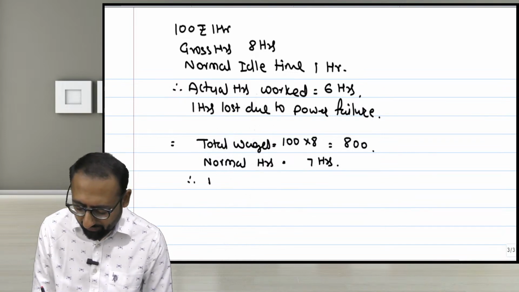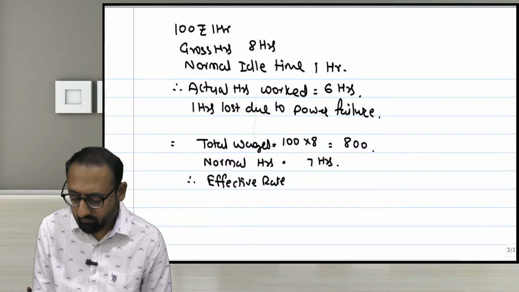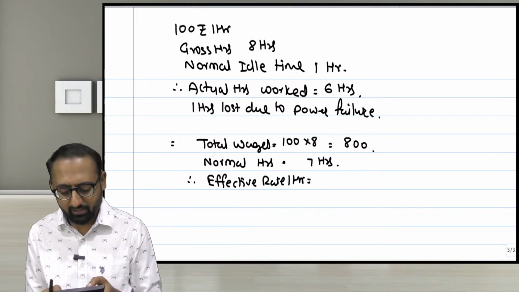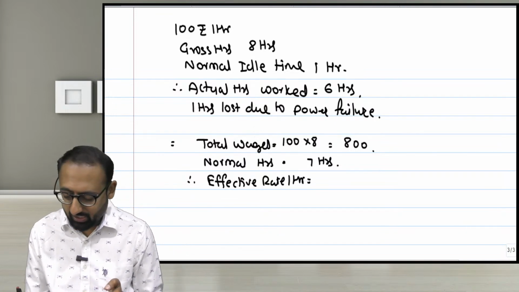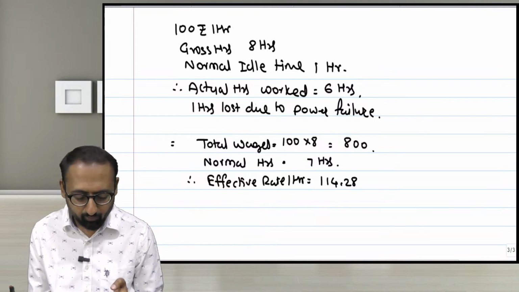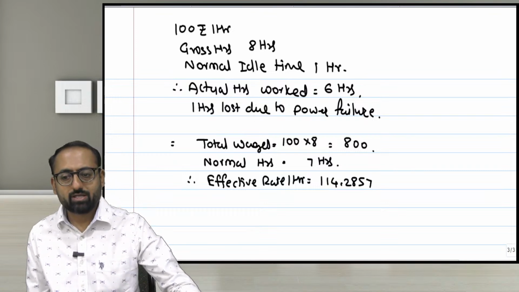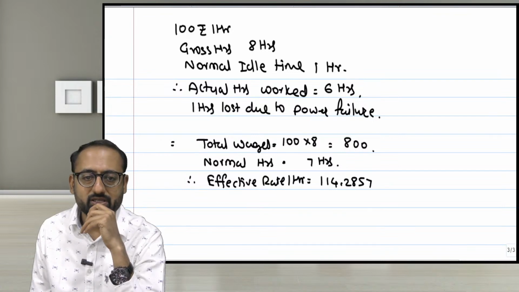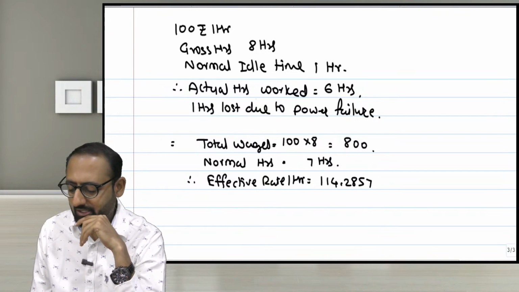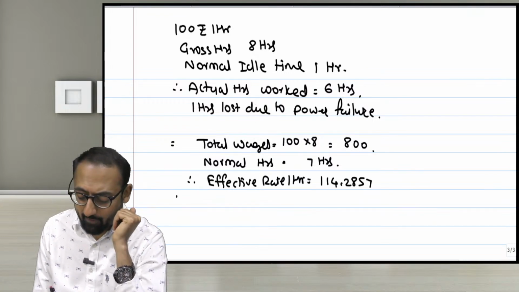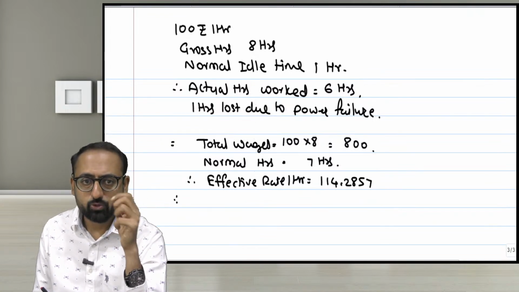Therefore, effective rate per hour, you can check, is 800 divided by 7, which is 114.2857. You can check that your wage rate is inflated from 100 rupees to 114.2857.